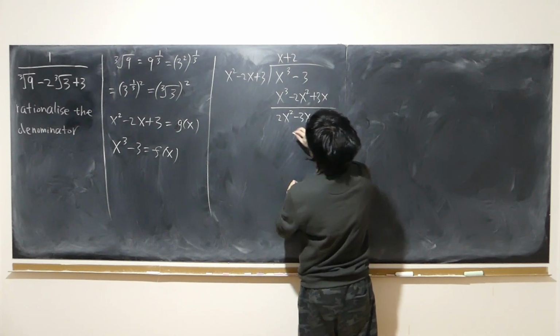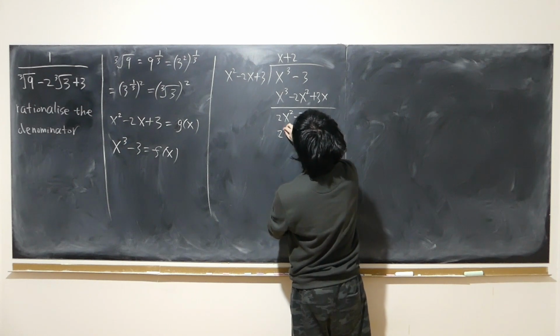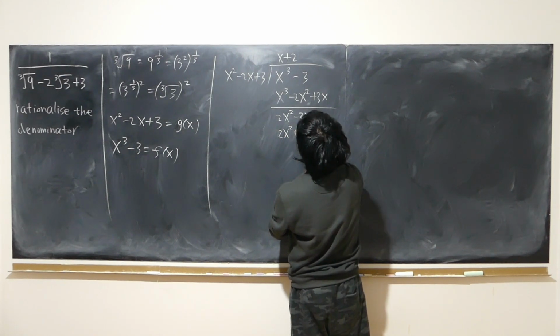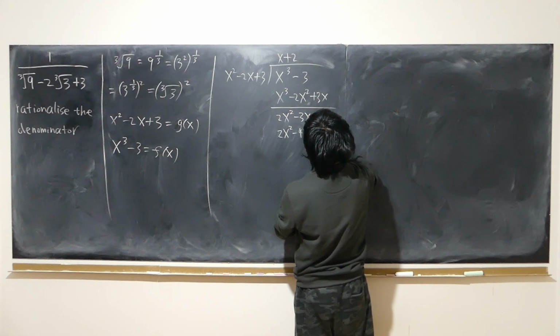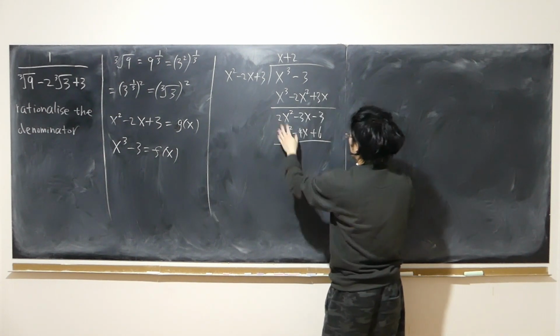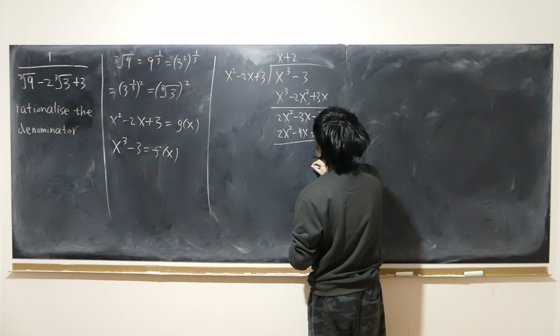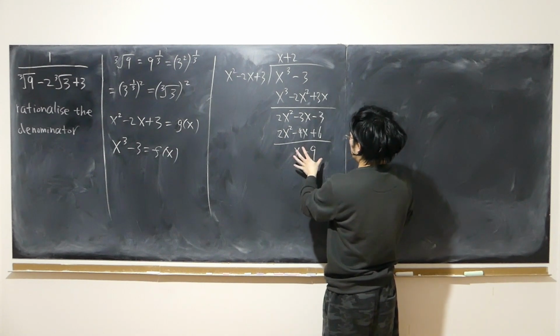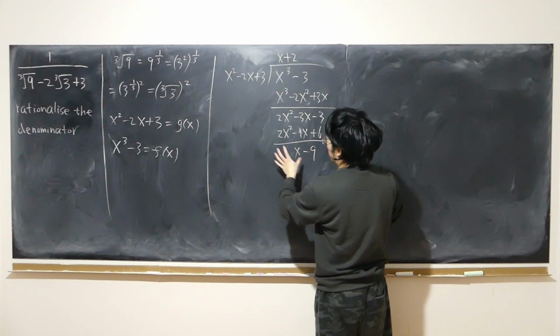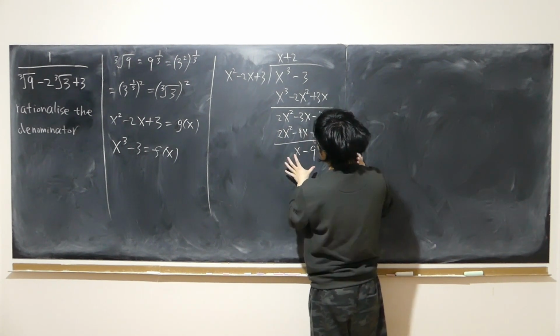So it becomes still the same thing, twice of x squared minus 4x plus 9. Again, the first term is gone. So I have x minus 9. Now the remainder already has a lower degree than the divisor, so I'm good.